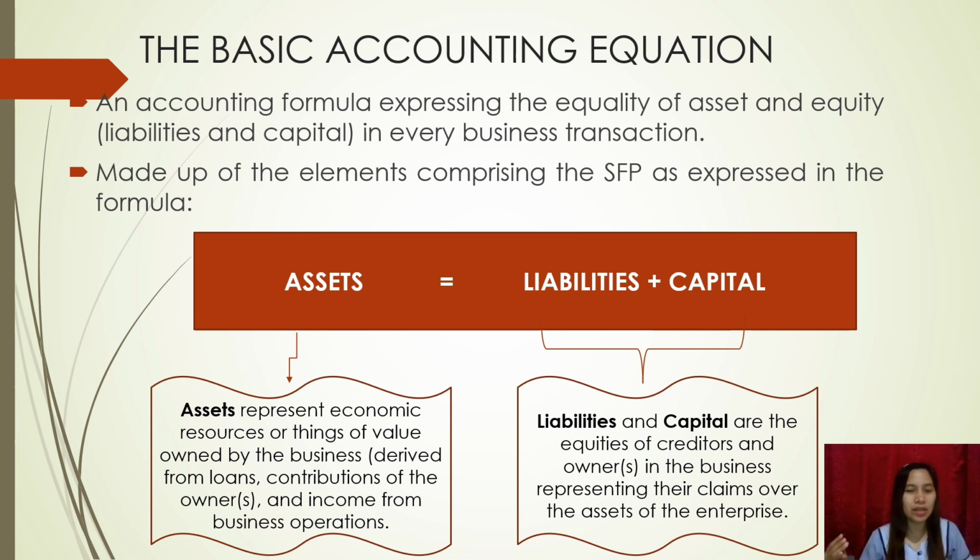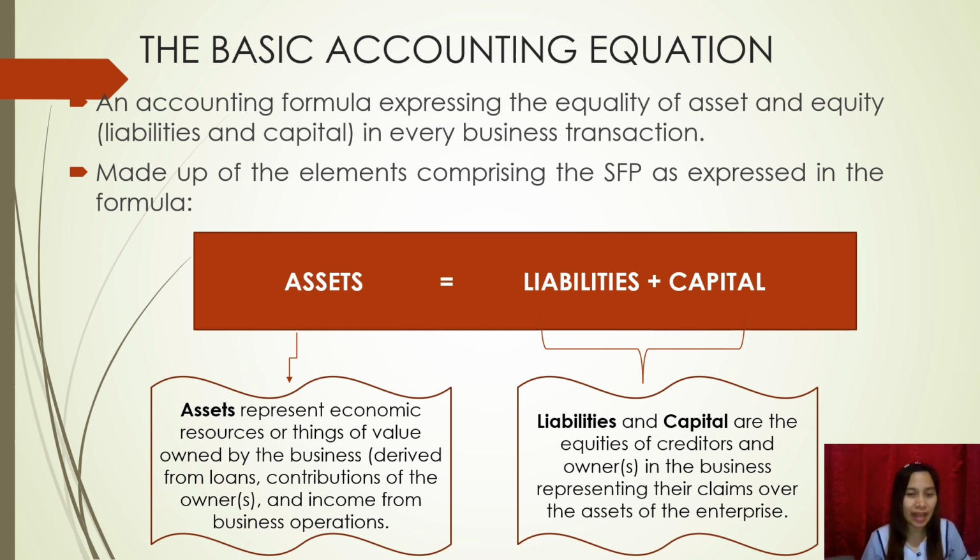So the dual aspect concept applies here. Say, for example, the amount derived from loans. You happen to be an owner of a grocery or a restaurant and you obtain a loan from the bank. So that amount you borrowed will fall as an asset, and at the same time will fall as your liability.